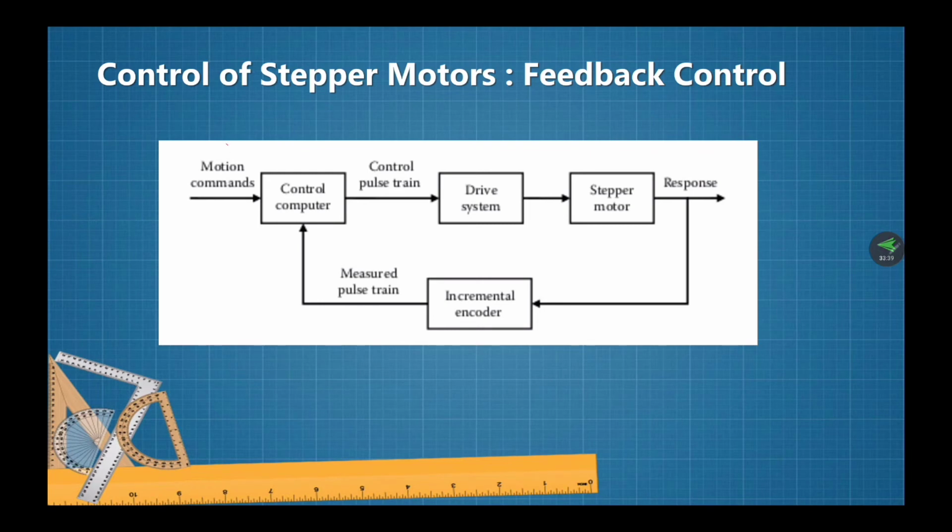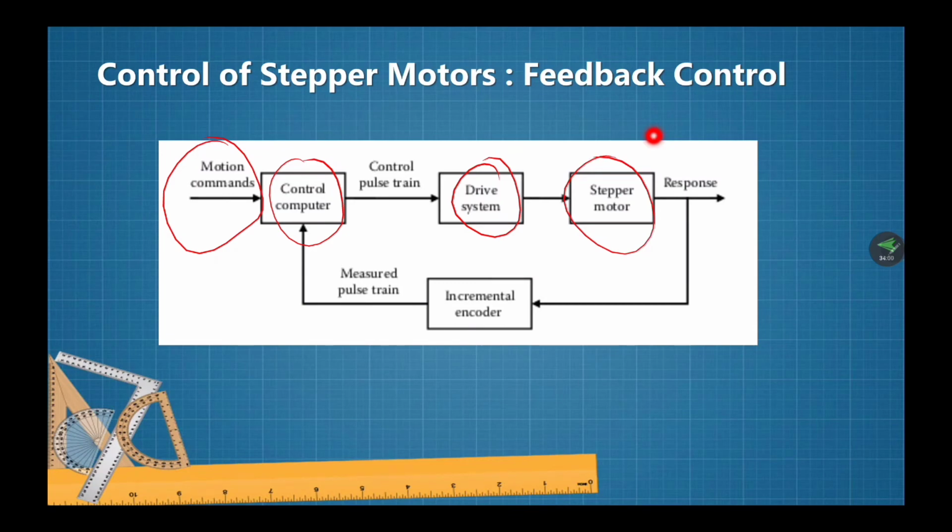So the motion command is the input, and it will be fed to the control computer. The output control pulse train will be fed into the drive system, and the output of the drive system will be fed to the stepper motor to make it move.